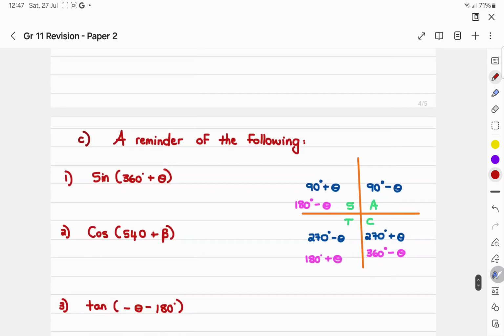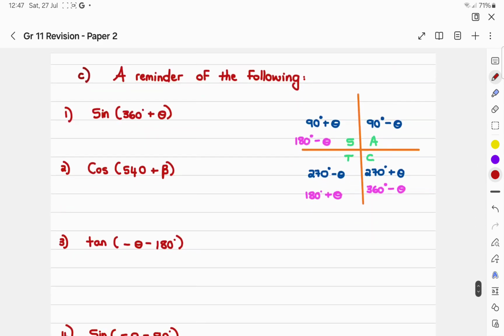Goody. All right. Number C, I just wanted to remind you again, especially with the negatives and how to change. I think lots of people struggle, or they just slip up, or they forget about these little ones. Okay, so 360 plus theta.